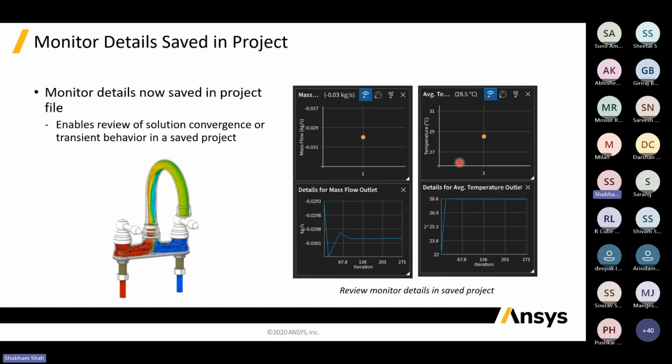These are the monitor details which you can save and refer to in your reports as well. Mass flow rate, details of mass flow outlet, average temperature, each and every report definition is available, whether it's for pressure, mass flow rate, temperature, or lift and drag coefficients. Lift force or drag force, that can be done.